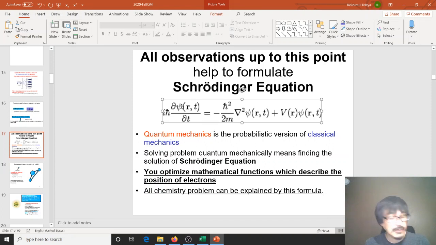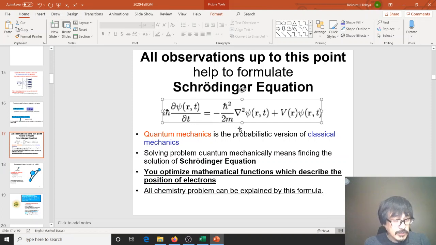As long as you know the wave function, you can calculate all the properties of the molecules, or what's going to happen to the reaction, and so forth. So this formula is particularly important for chemists like me, who use it to calculate the properties of molecules.